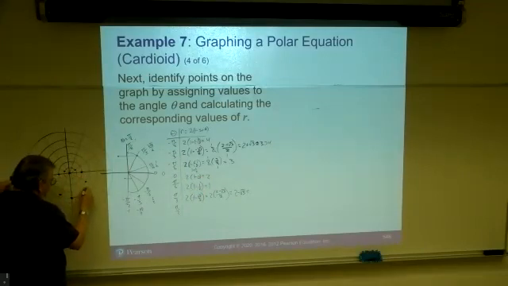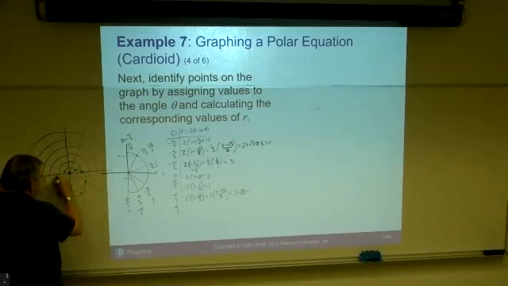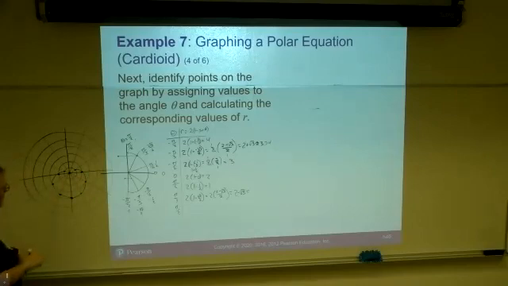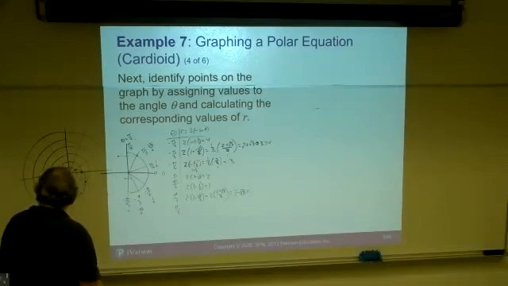So far it's gone around like this and around like this. And now at pi over 3, it's at, what was that?